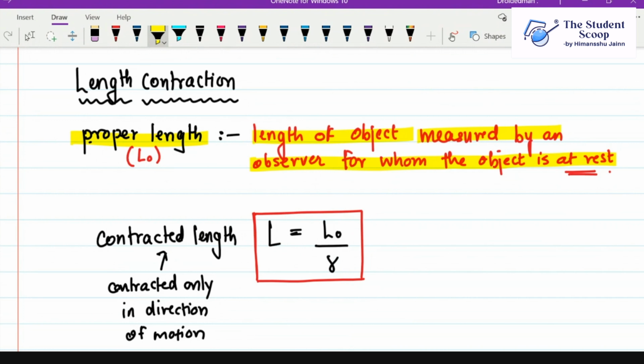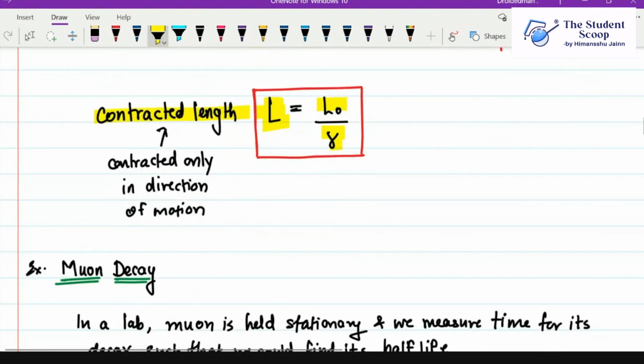For a person moving at a certain velocity, the length measured will be contracted. The contracted length can be calculated by L naught over the gamma factor, and it contracts only in the direction of motion. So if there is a cube with x, y, and z axes, it will only contract in the direction where the object is moving, and it won't contract in the directions perpendicular to it.